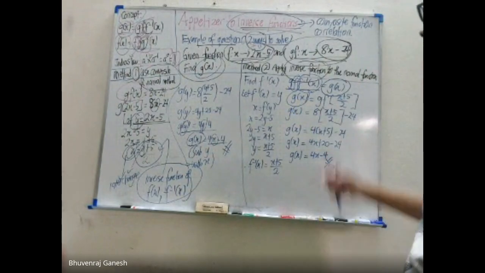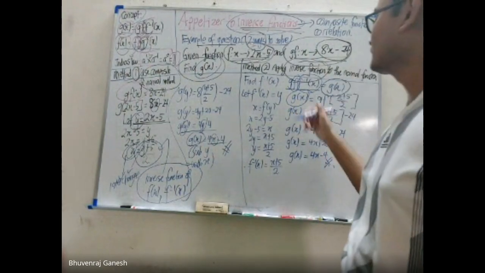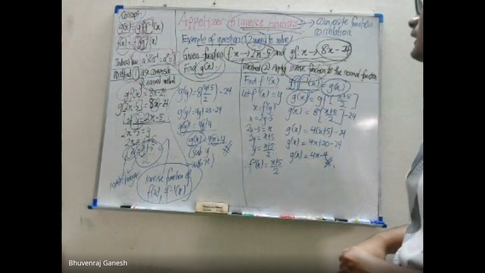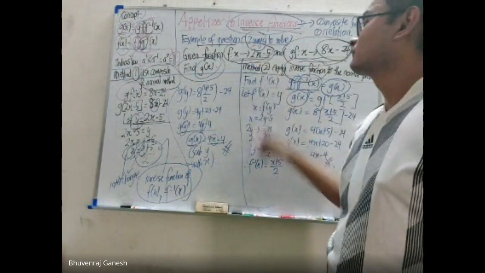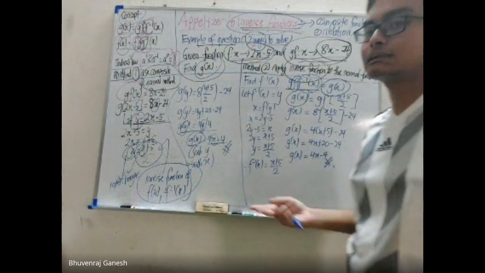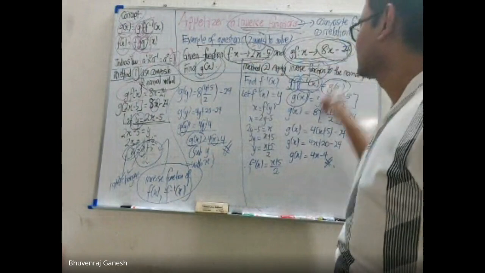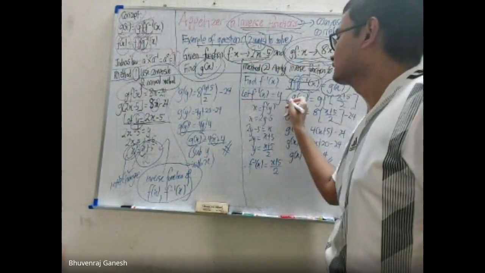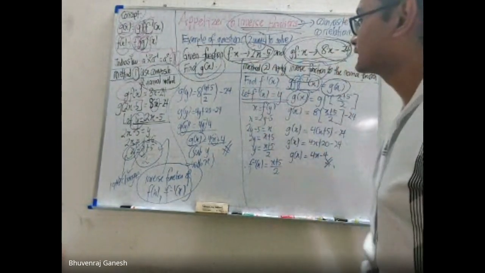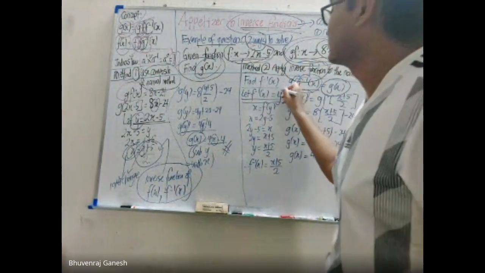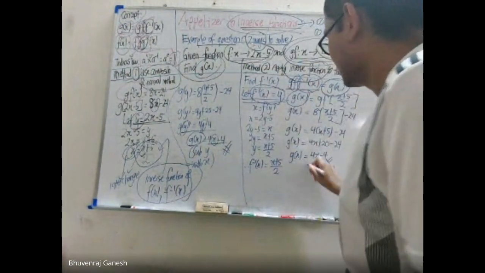So first of all, we need to find f inverse x, because we cannot work anything out with f(x), and we don't have g(x) also. We only have the composite gf(x) here. So we are going to make an assumption: let f inverse x equal y. Later on, I will show you why I can make this assumption.